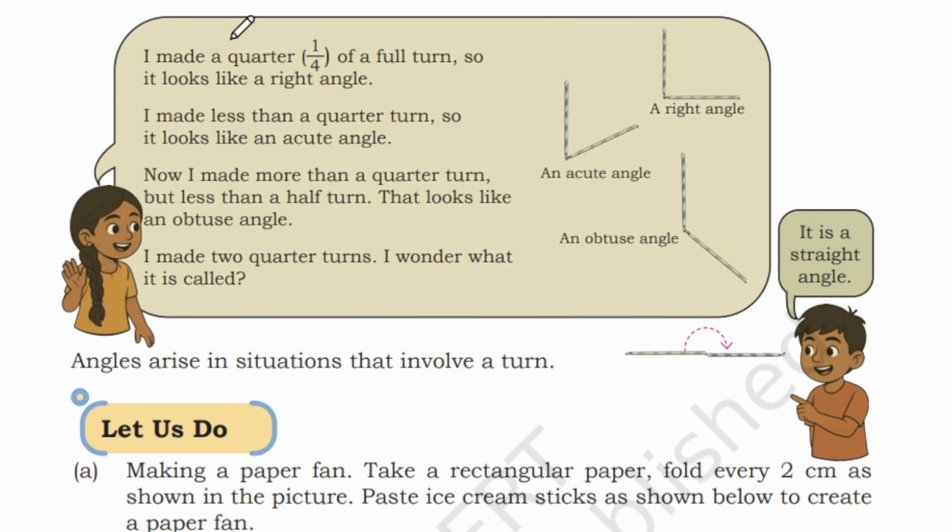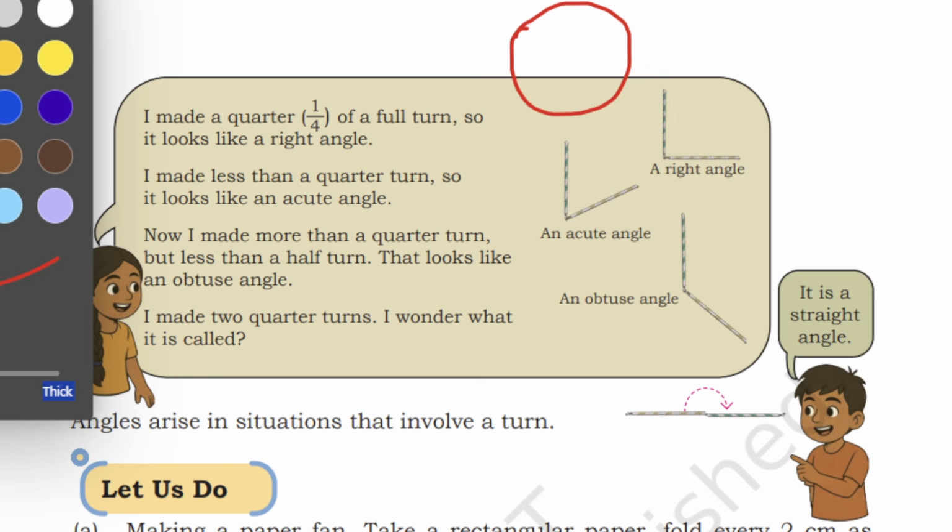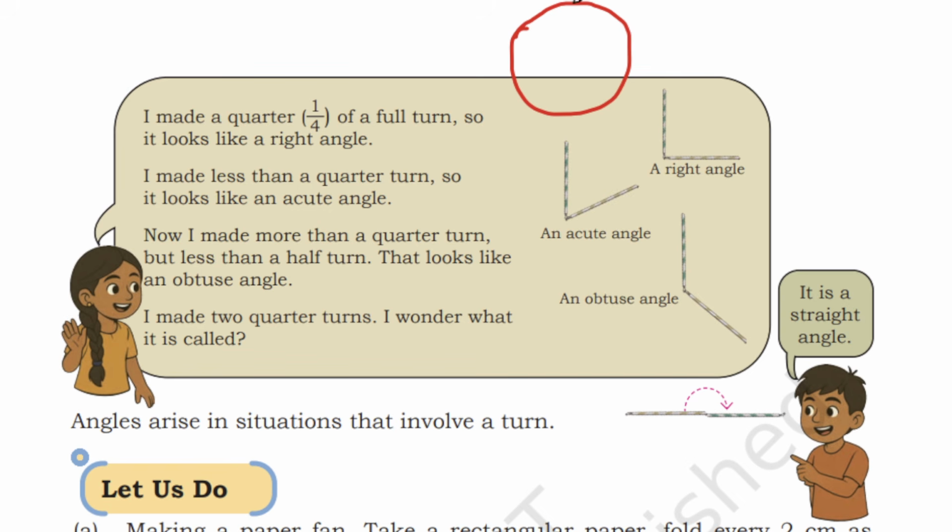So here I made 1 by 4 of a full turn, so it looks like a right angle. See, for example, if you have a circle here and you are going on turns, if you are taking 1 by 4 turn, starting from this point, A point, and you are taking a quarter, you will reach here, that is 1 by 4, and if you make an angle, this is a right angle.